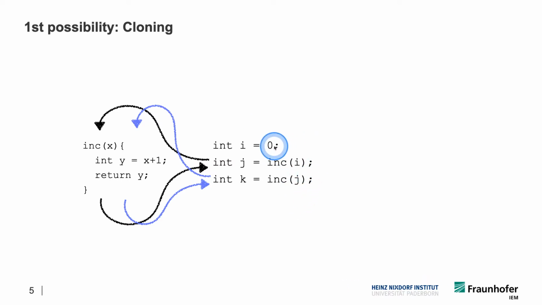that has several calling contexts. Let's assume we want to do a constant propagation for this program. Initially i is 0. Then we pass this to the inc method, which increments the value. So j ends up being 1, then we increment again, and k ends up being 2.